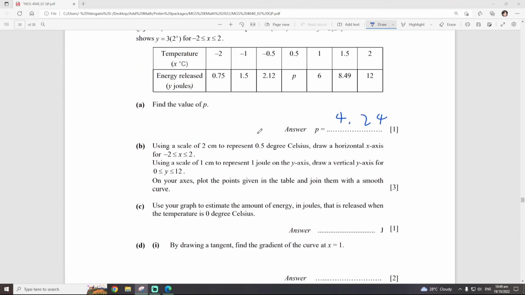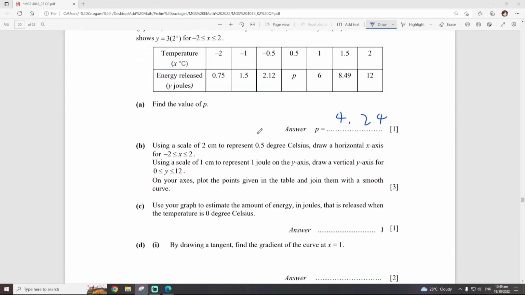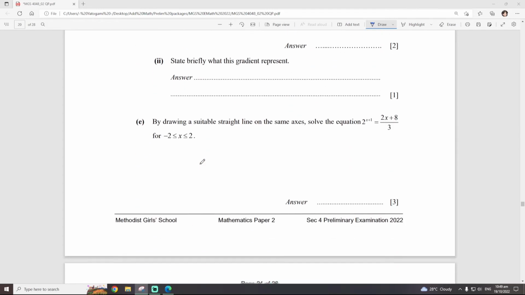Minus 2 to 2. 2 cm represents 0.5. And 0 to 12. Okay. So we're going to try and position our graph in the middle. So let's see where that is. Oh, it's odd number. Okay, never mind.